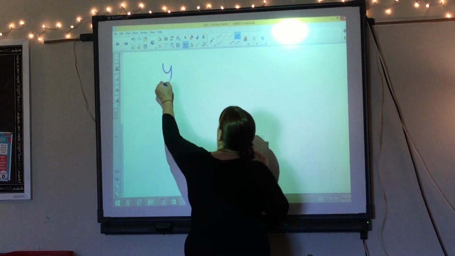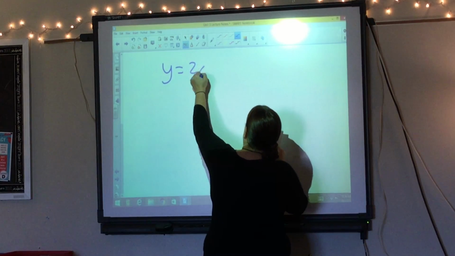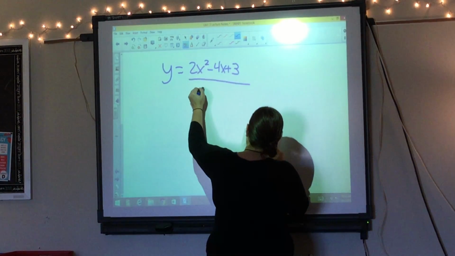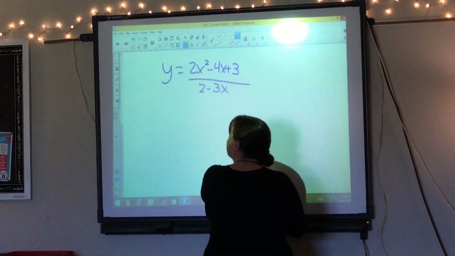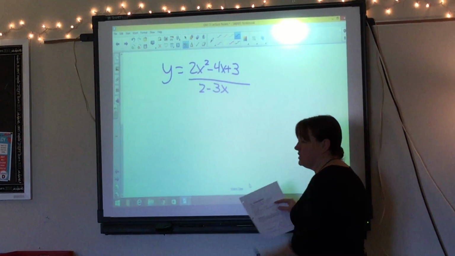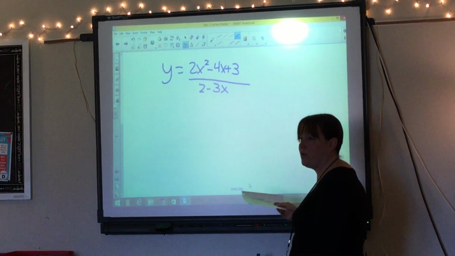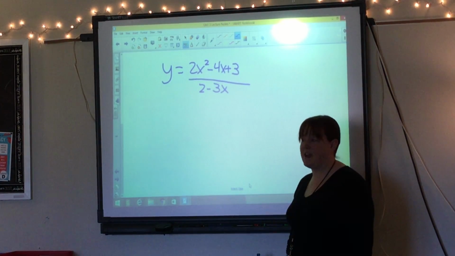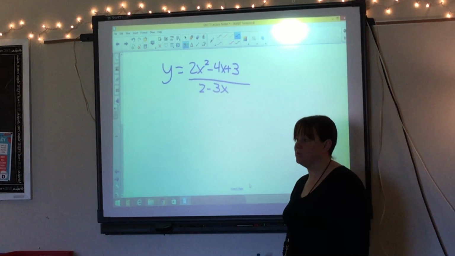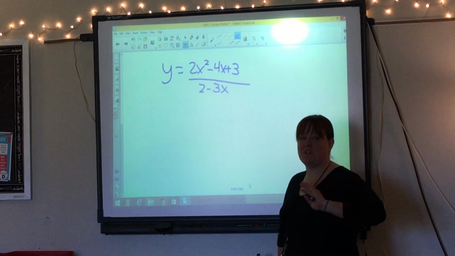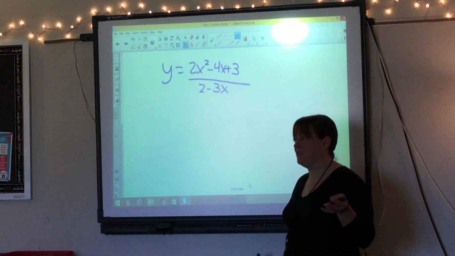So y equals 2x squared minus 4x plus 3 all over 2 minus 3x. Okay? This is a quotient. And if you were crazy, you could divide all of that with algebra and then just do the power rule. But that would take synthetic division and all sorts of other nasty stuff that is so much harder than this.